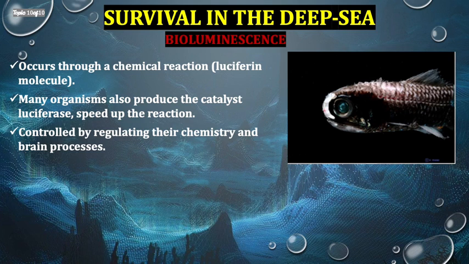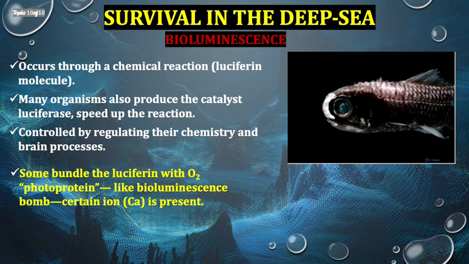These organisms are able to control the light they produce by regulating their body chemistry and brain processes. For example, this lanternfish here on the right side has light-producing photophores on its head, which act like a flashlight. Some also bind the luciferin with oxygen, so they call it the photoprotein.